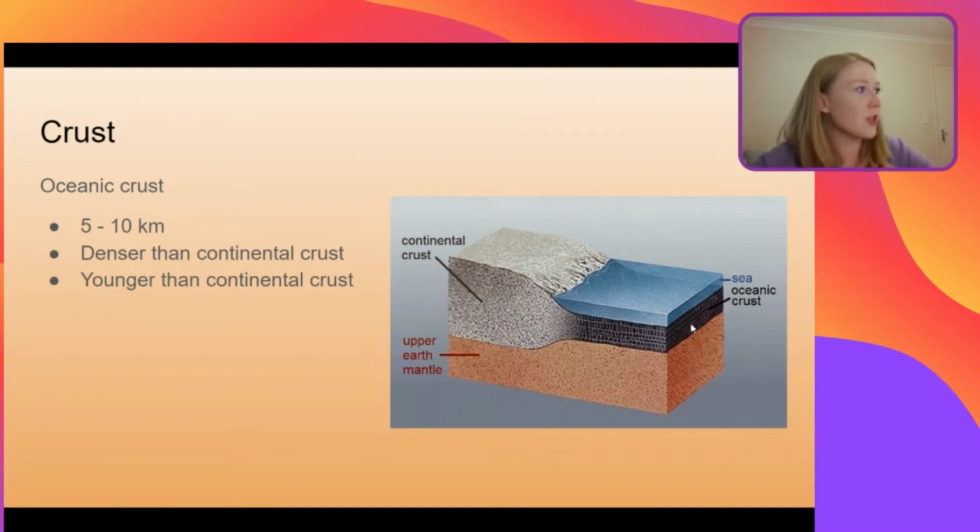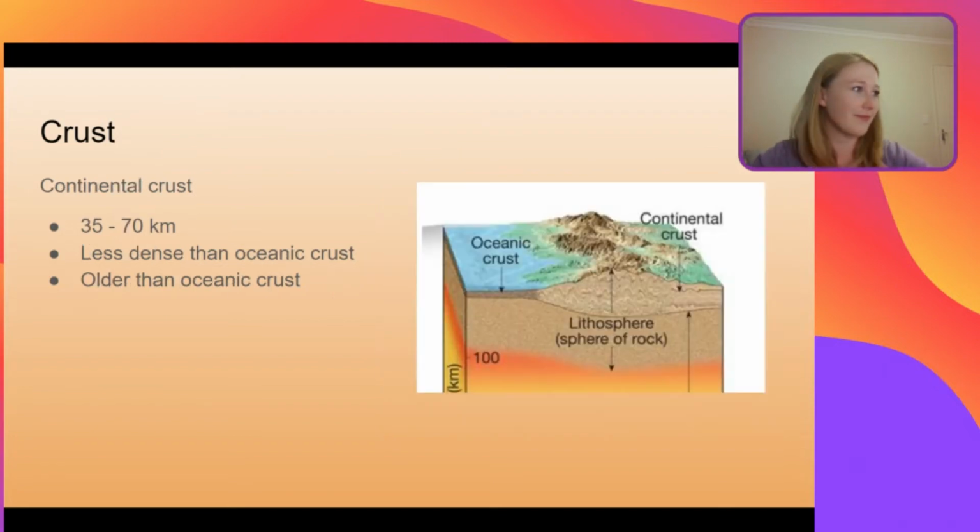So the oceanic crust is thinner and a lot denser, so it would be more likely to sink than continental crust. You can think of the continental crust as being light and thick.